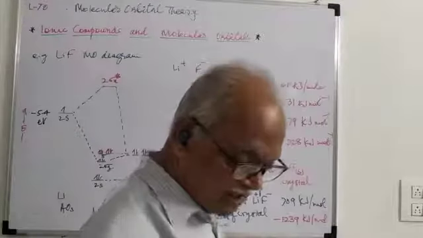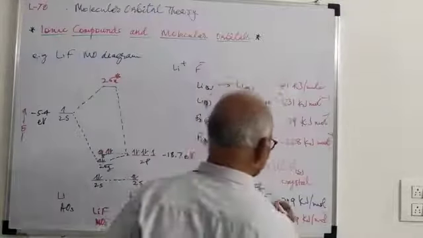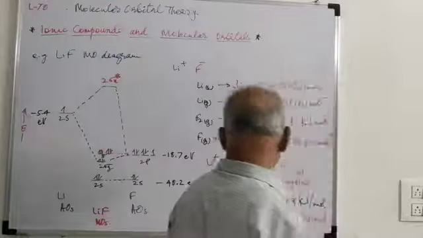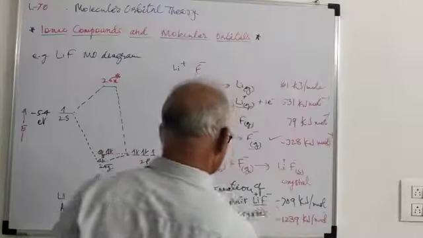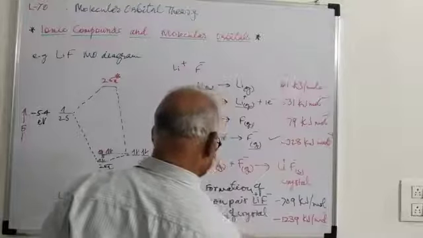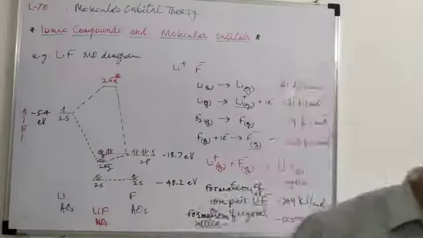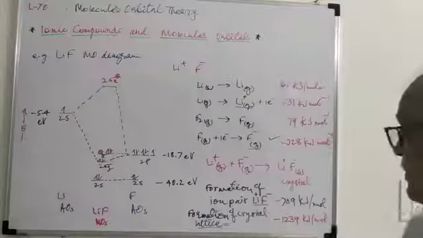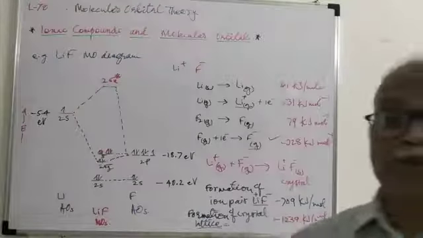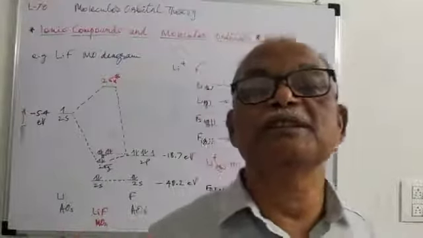So the amount of energy lost during the formation of this ion pair and the formation of this crystal lattice is very large, and this proves that the formation of the crystal lattice is a very easy process.